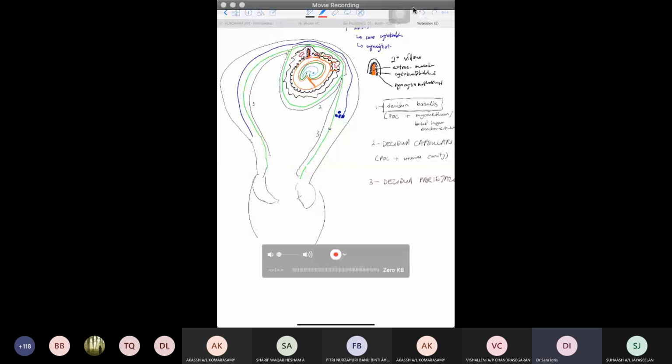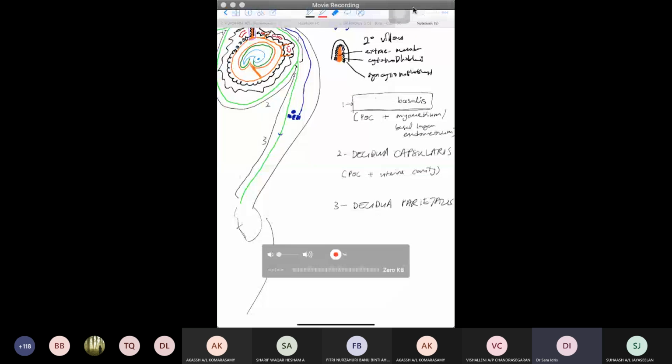Okay, so the part of the decidua that will eventually take part in the formation of your placenta is the decidua underneath the product of conceptus, between the product of conceptus and the myometrium. So the decidua basalis is the one that contributes to the formation of the placenta.